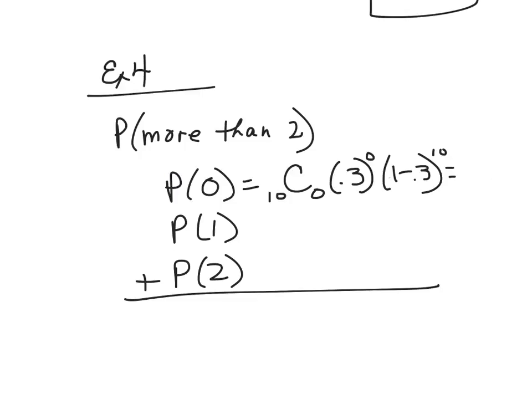Okay, and according to your book, that turns out to be 0.0282 if you crunch the numbers there.